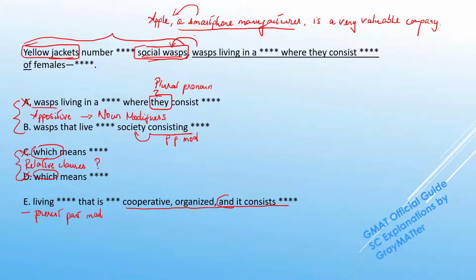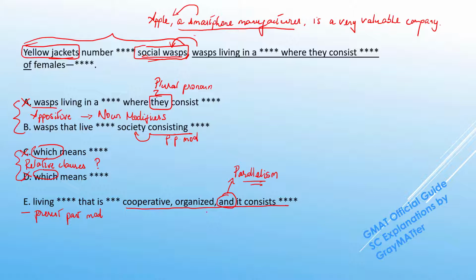We see the conjunction and we can notice that there is a list of three characteristics: cooperative, organized, and it consists of. So this and can be used to check the concept of parallelism.